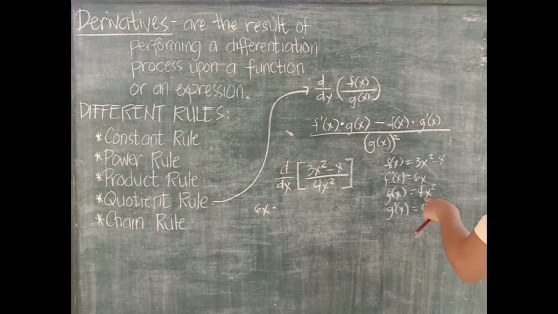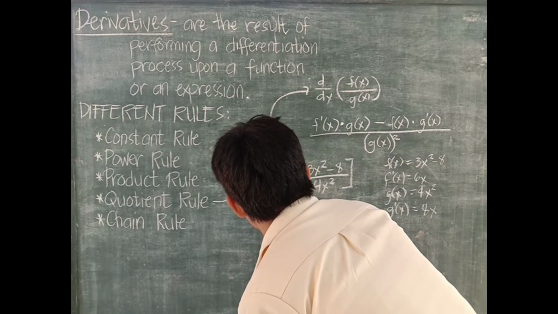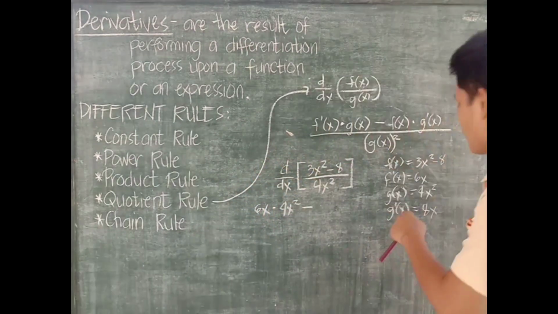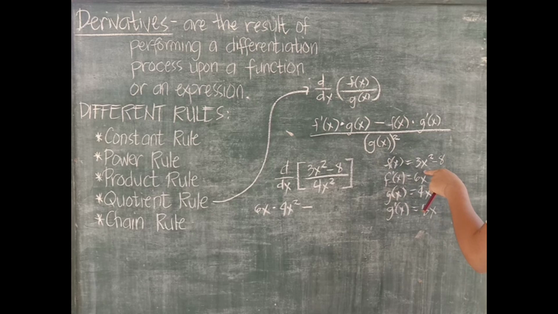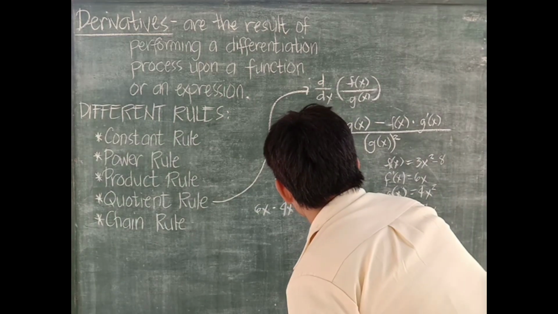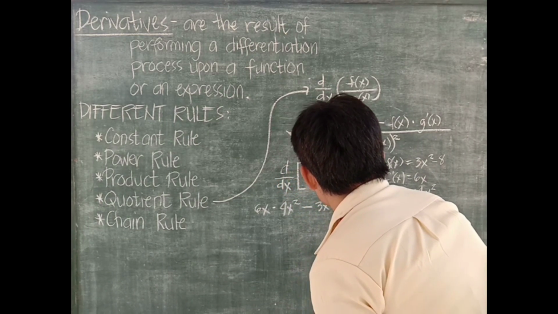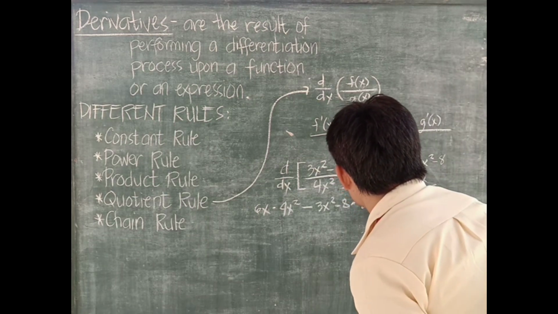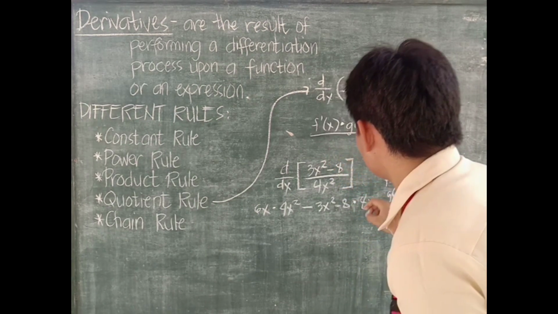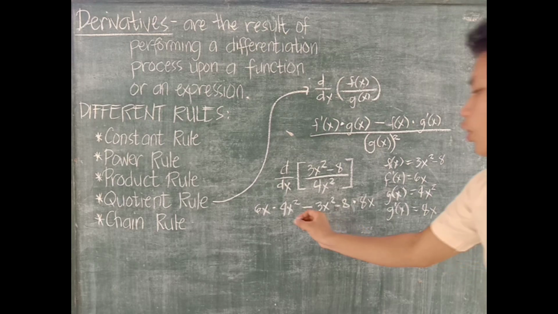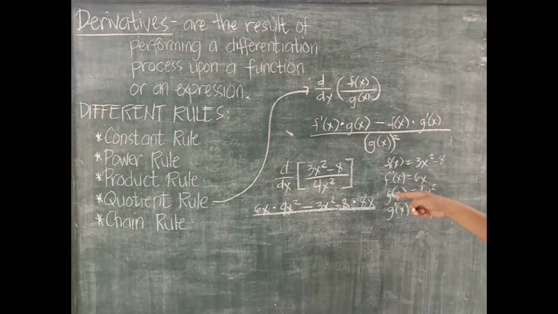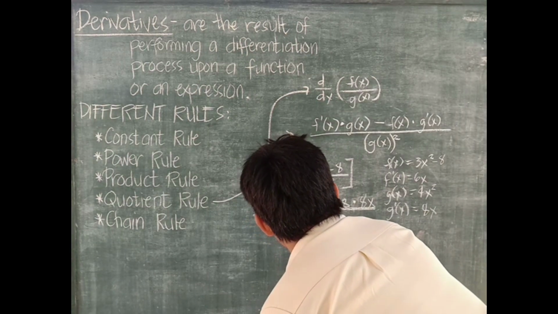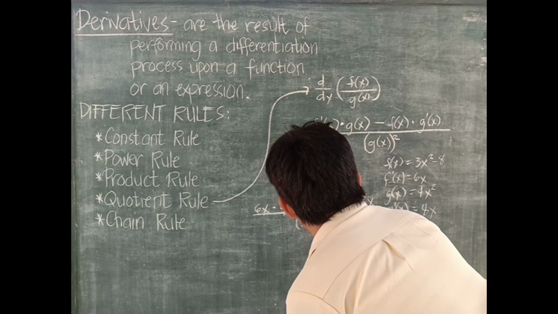So g of x is equal to 4x squared, times 4x squared, minus f of x, which is 3x squared minus 8, times g prime of x, 8x. Okay. All over g of x squared. So 4x squared, squared.